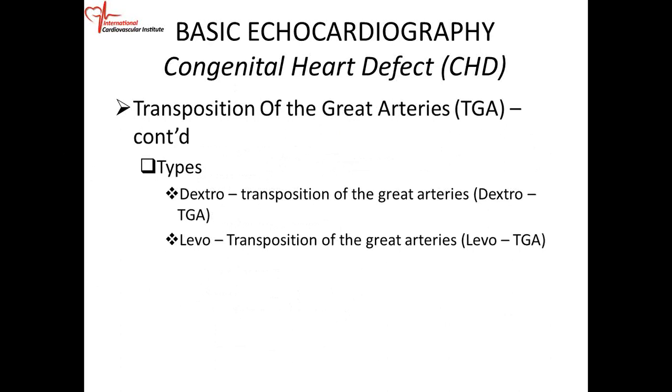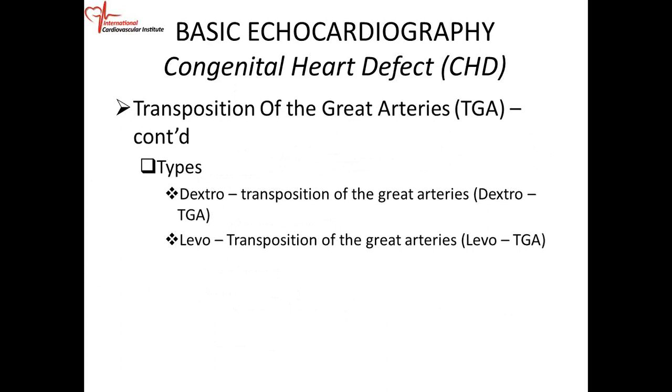There's a little bit more to it, but sometimes people just don't get it. So this is a very simple way to understand the basics. With D-transposition, just think of it as the arteries are transposed.